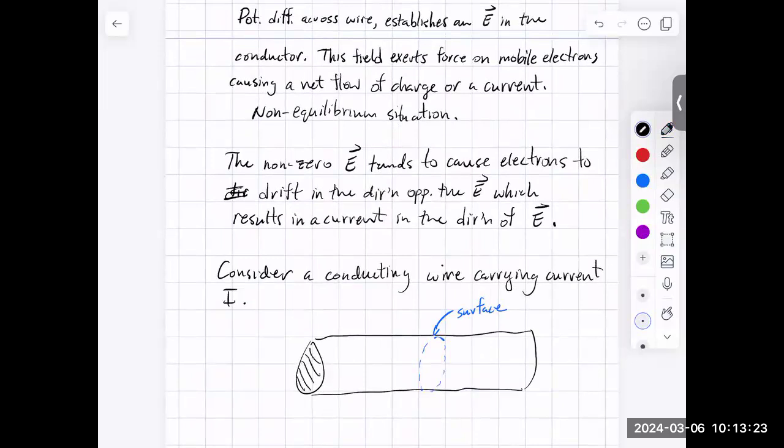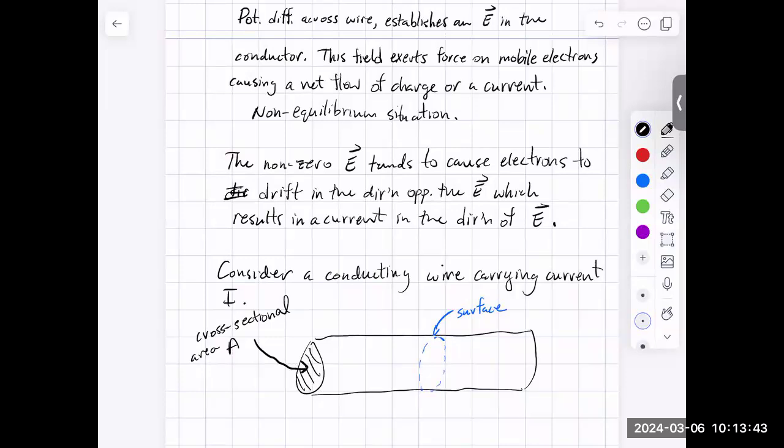Let's say that our wire has cross-sectional area A. If our wires are typically cylinders, and so our cross-sectional area would be a circle.